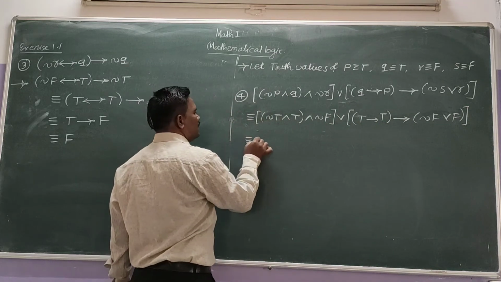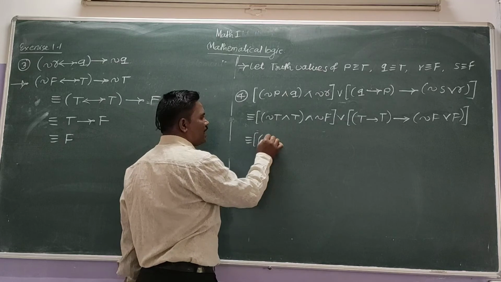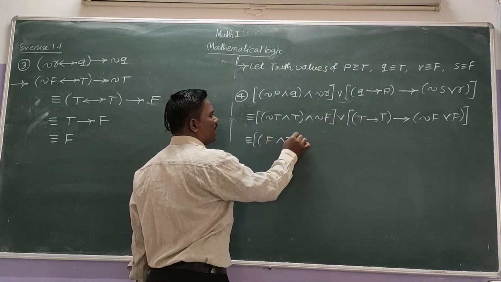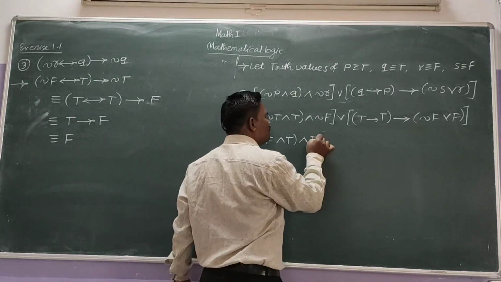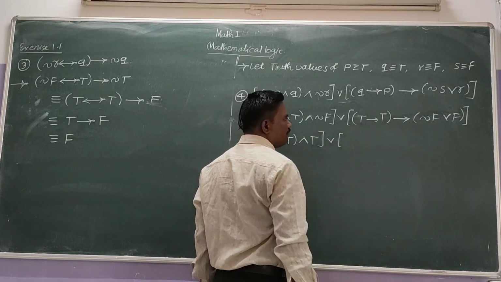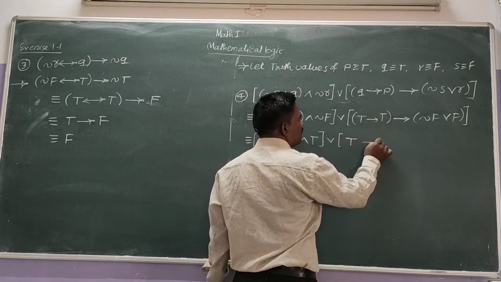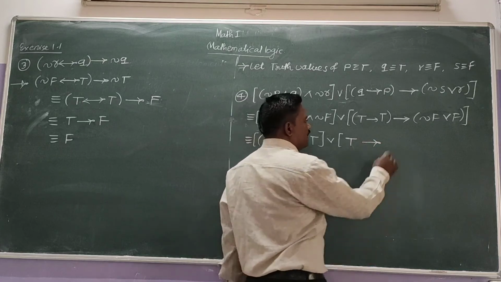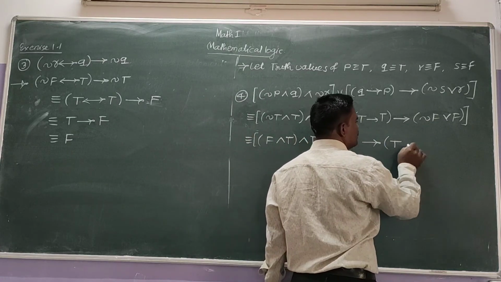Firstly solve the bracket. Negation of true is false, conjunction true, conjunction negation of false, that is true, disjunction in bracket true implies true, that is true, implies in bracket negation of false, that is true, disjunction false.